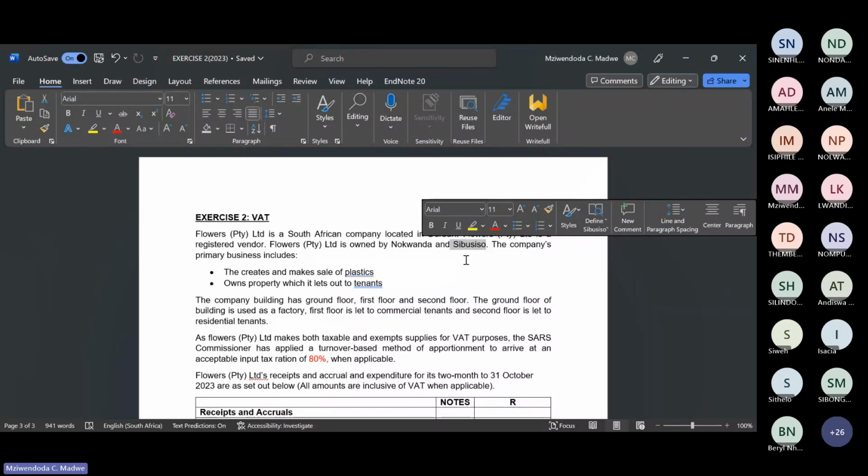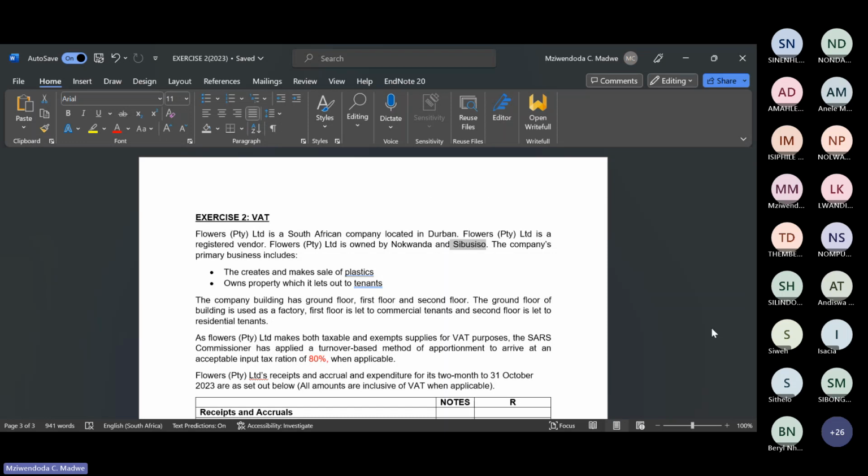So the question now says, what is the tax implication? The first thing that you have to indicate in this question 1 is that the sale is made to a connected person, or Nogwanda and Flower are connected persons.